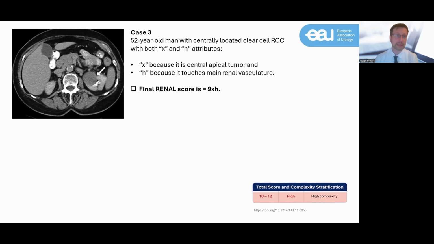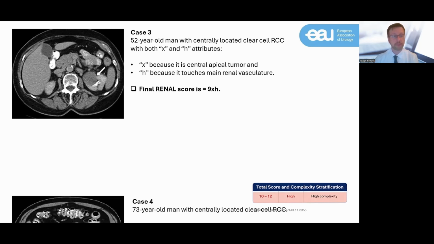In the next case, number 3, a 52-year-old man with a centrally located clear cell renal cell carcinoma with both X and H attributes was assessed according to the RENAL score, and the final RENAL score was 9XH.